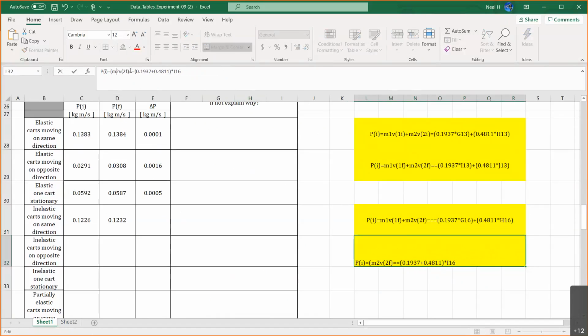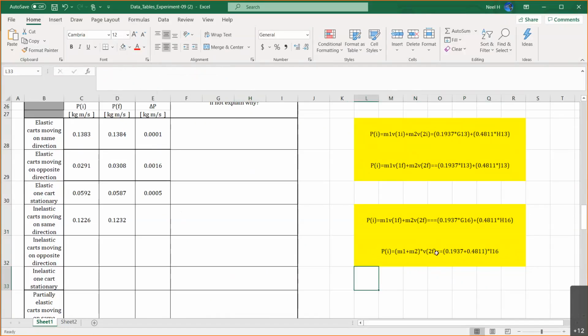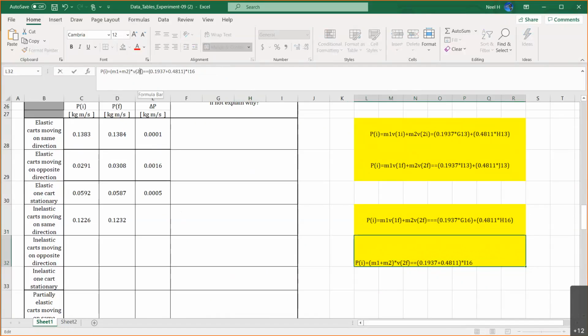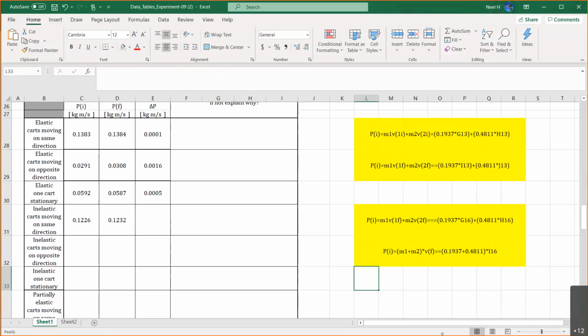Parentheses M1 plus M2, times V2F. We should say just VF, right? There's no meaning to V2F because both have the same velocity. Okay, so that's the two momentums. Let's take a look at the difference. Still at the fourth decimal place level.